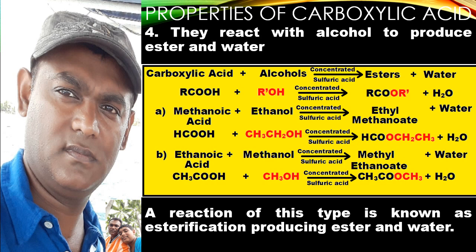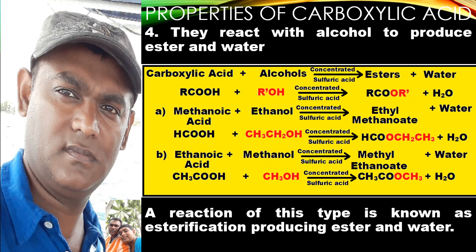In the case of methanoic acid reacting with ethanol, it reacts to produce ethyl methanoate. Ethyl from the ethanol group. Ethanoic acid reacts with methanol. Methanol is an alcohol. It has an alkyl group, a methyl group.